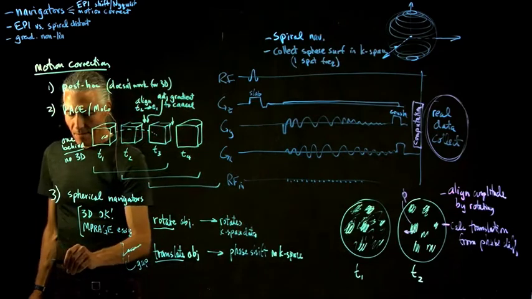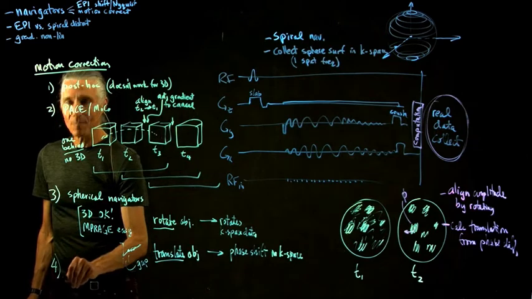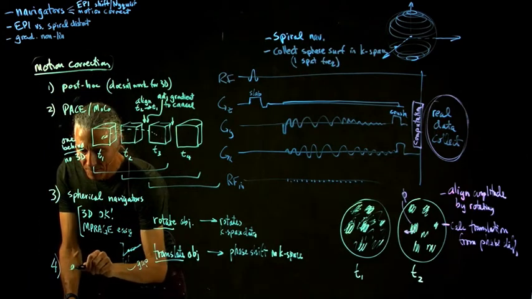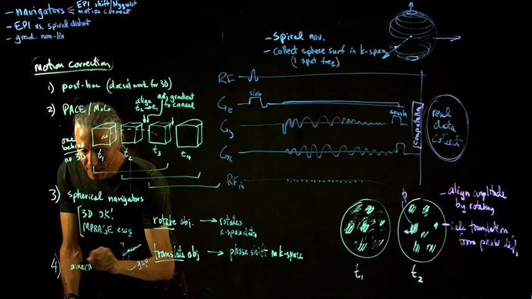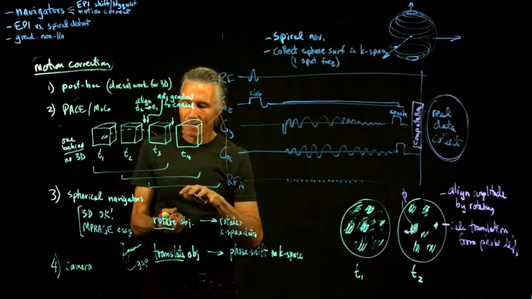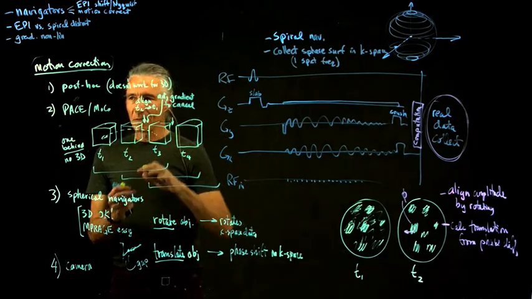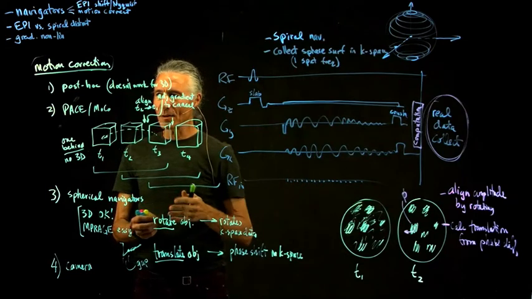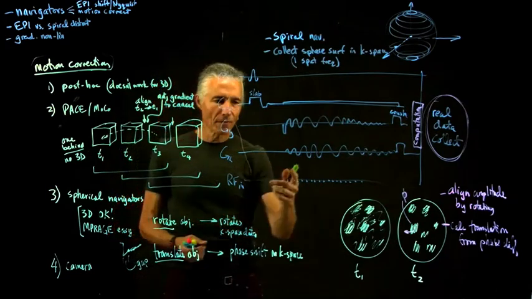And so another option for motion correction that I mentioned last time was you could use a camera. The camera is just collecting data on where the position of the head is, and then using it to feed back in. That doesn't interfere with the scan. It doesn't interfere with the pulse sequence.